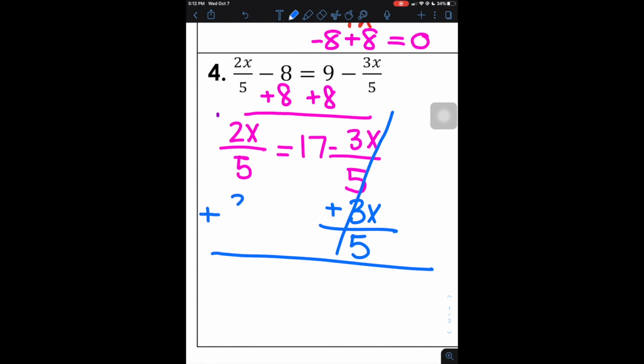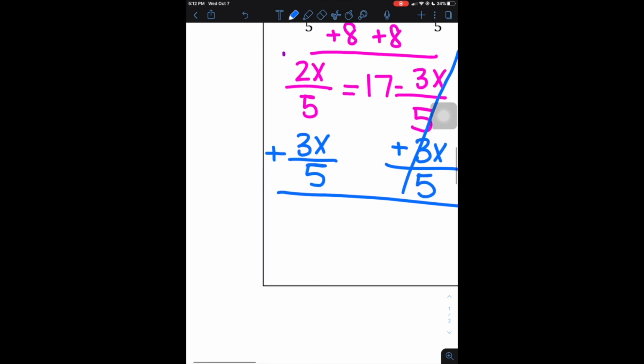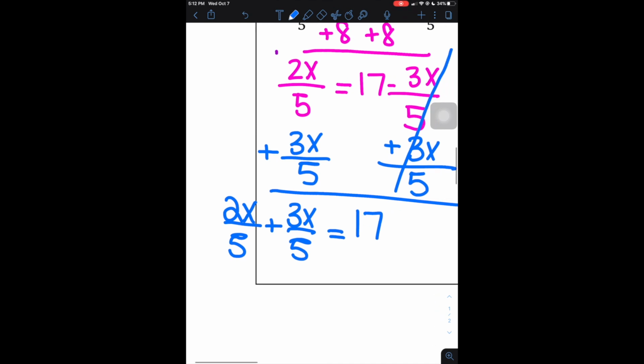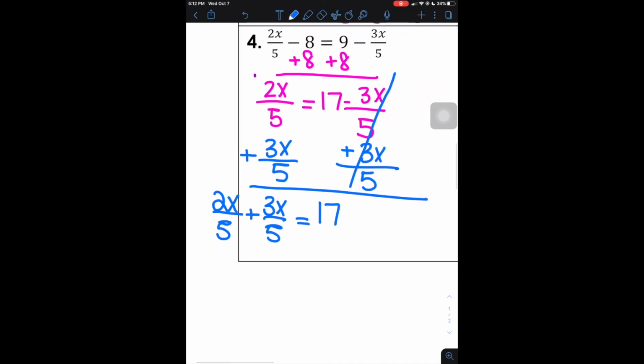But on the other side, I'm going to write it horizontally so we can see it. I have 2x over 5 plus 3x over 5 is equal to 17. And if I combine my numerators, I can simplify that to 5x over 5 is equal to 17.